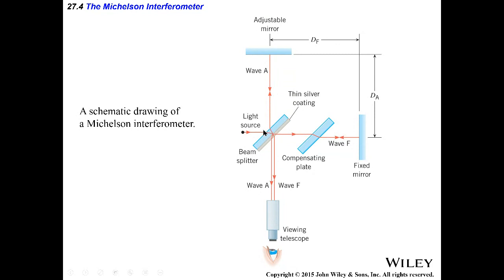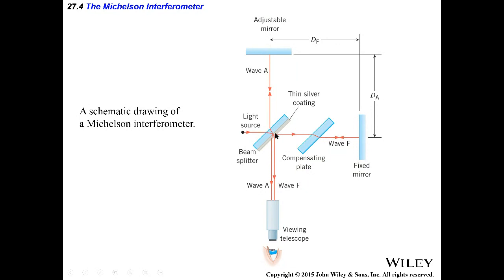And now when it has been split, the transmitted one will go through, and they put a compensating plate, so that this light now has to go through this part, which is the same thickness as this. It will go there, get reflected and come back through.